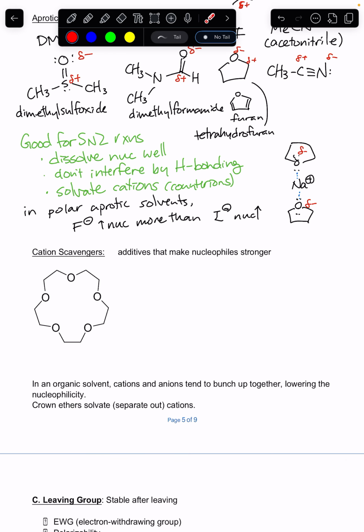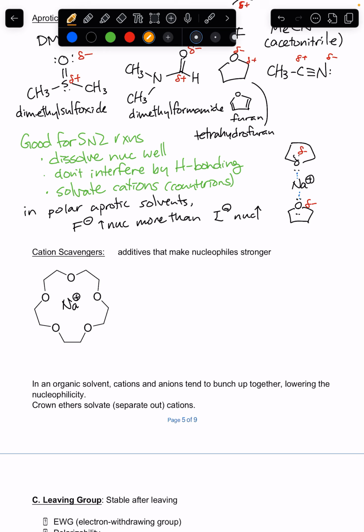And because of the solvation effect, you can actually increase the nucleophilicity of salts like, say, sodium fluoride much better if you use what are called cation scavengers. And these are really interesting macromolecules whose size is just so designed to interact with particular cations like sodium.